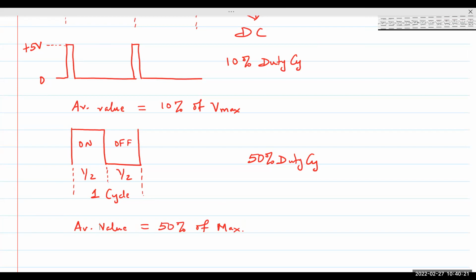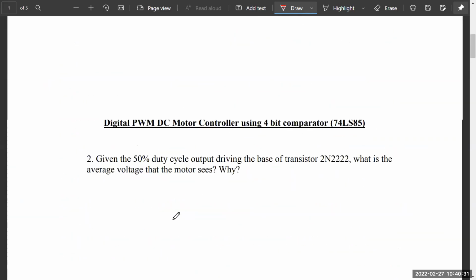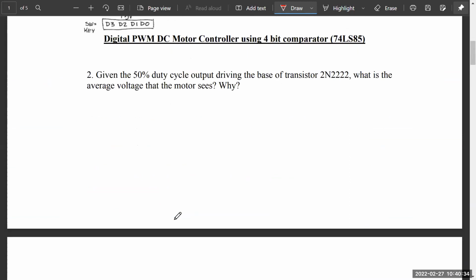So let's take a look at the PreLab questions. PreLab number 2: given that a 50% duty cycle is being applied to the transistor, what is the average voltage that the motor sees?